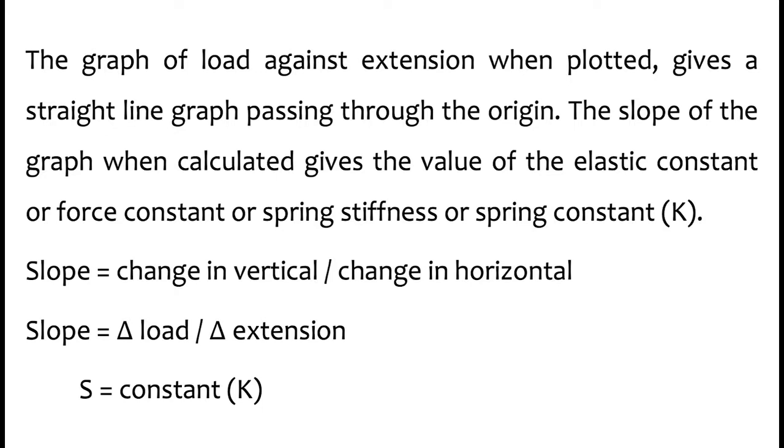The slope of the graph when calculated gives the value of the elastic constant or force constant or spring stiffness or spring constant. That is our K. So any of these names mean the same thing: elastic constant, force constant, spring stiffness, or spring constant.